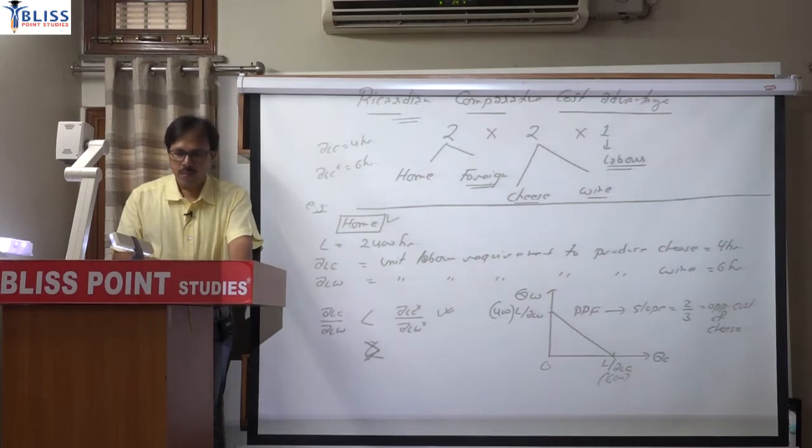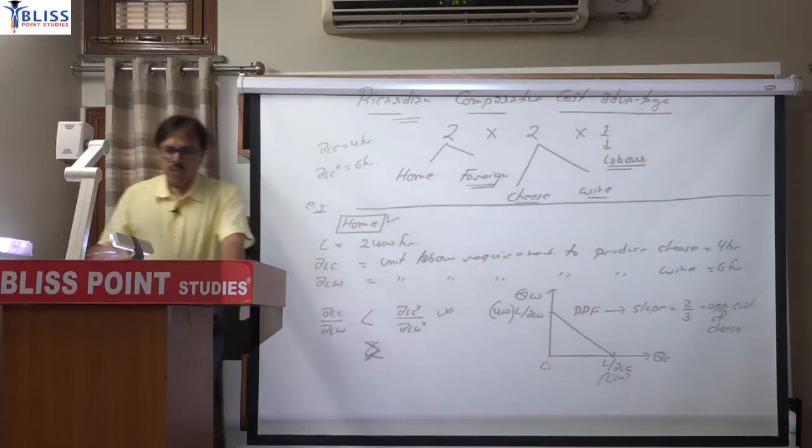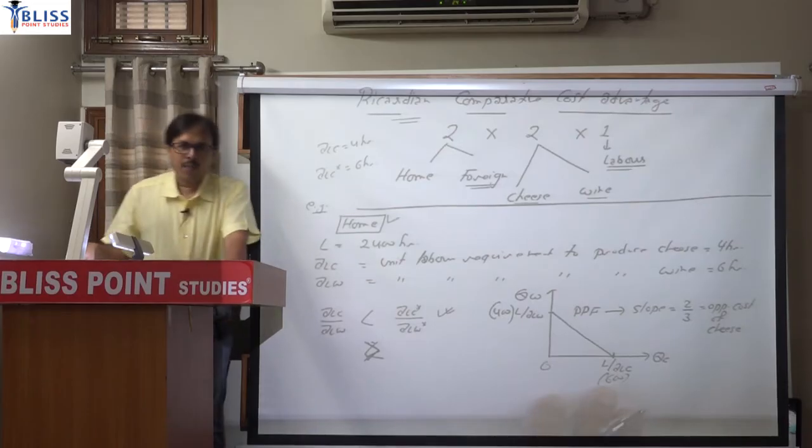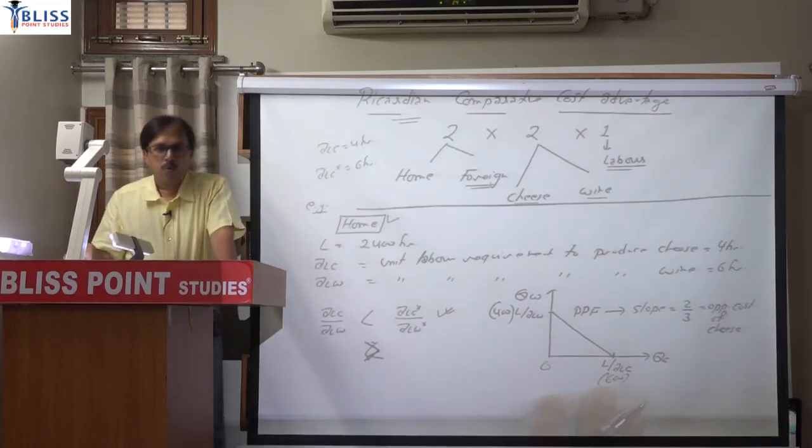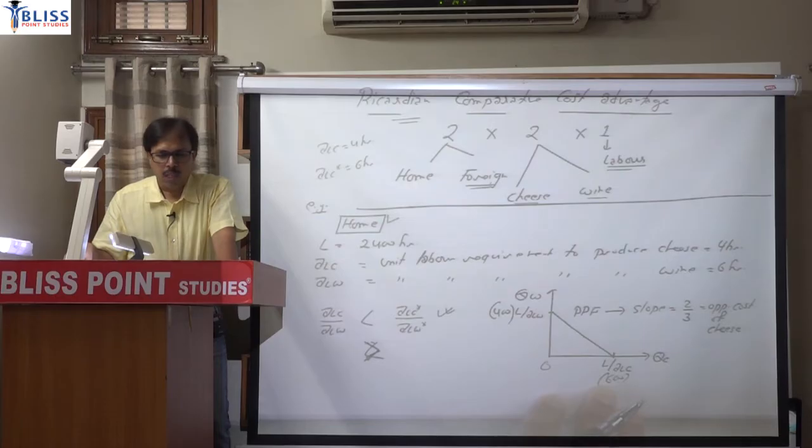I repeat the entire sentence. According to this theory, a country has comparative advantage in producing a good if opportunity cost of producing that good in terms of other good is lower in that country as compared to the other country. Let's underline that statement.